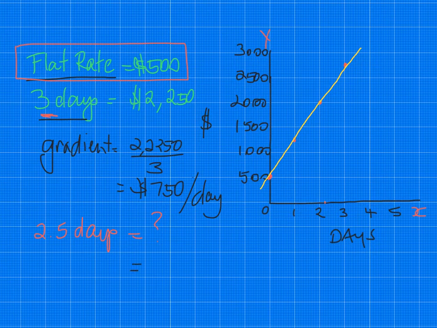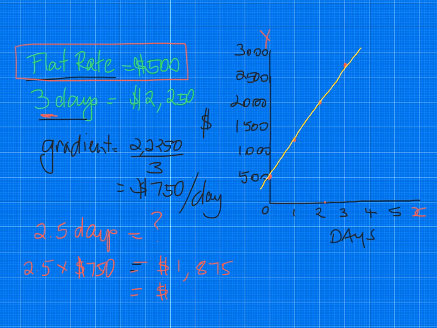Before we go and work it out on our Cartesian plane, let's go back over to our calculations over here. So what we've got is 2.5 days multiplied by $750, because that's our daily rate. That gives us $1,875. But don't forget, we've also got to add in our flat rate.